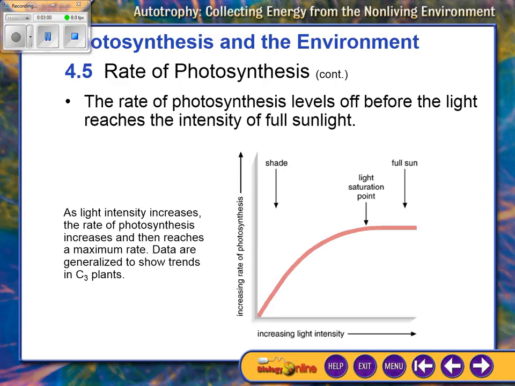We could potentially measure how much glucose is being made. We could also measure how much oxygen is being made. It's easy to measure oxygen. It's a gas, right? We could collect it. Anyway, as light increases, does photosynthesis increase? Yes, to a certain point, called the saturation point.